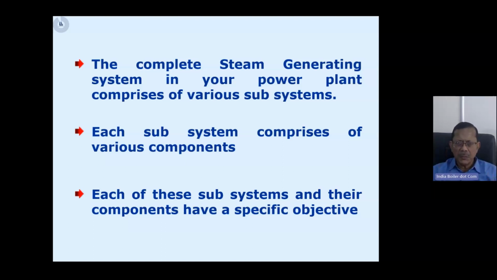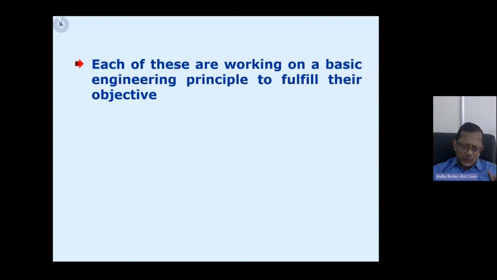Every subsystem, every component in this subsystem has to fulfill a specific objective, right? Now, each component, to fulfill this objective, is working following a basic engineering principle. Engineering theory is something you have to connect all the time, right?